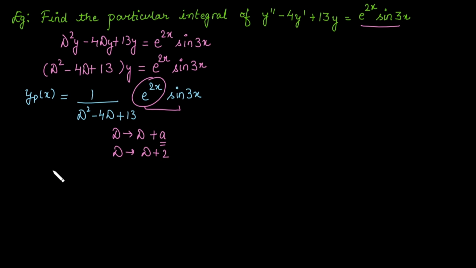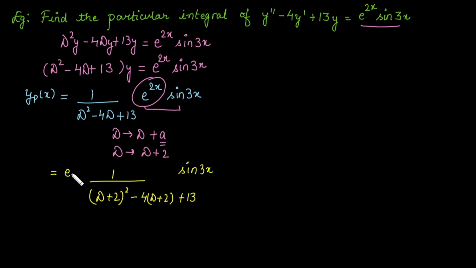So finally we have 1 upon (D plus 2) square minus 4(D plus 2) plus 13, sine 3x. Now what about e raised to power 2x?